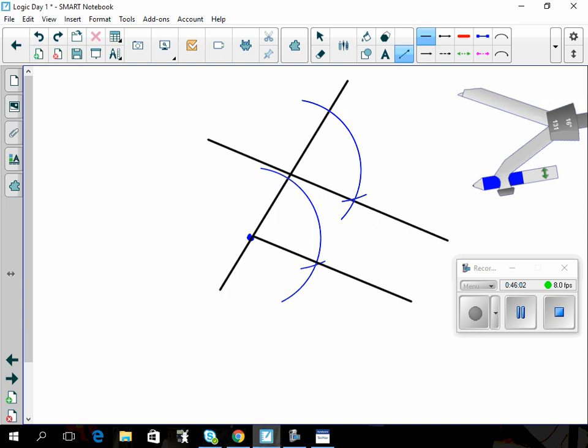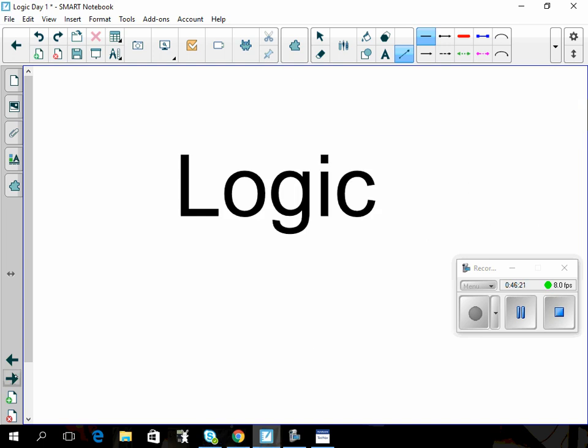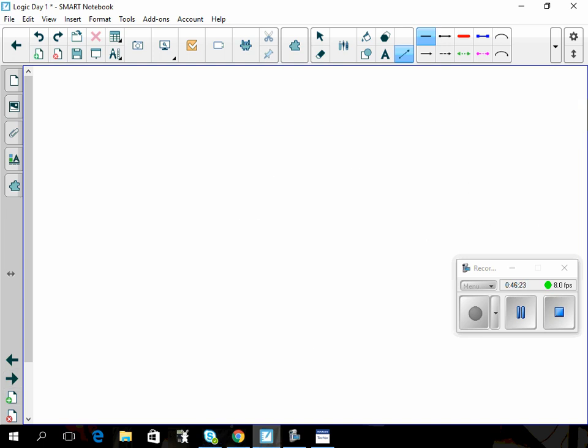All right. If you look at the last three constructions, they really are all very similar. They're asking you to draw perpendiculars to segments. So if you remember, they're all the basic instruction.